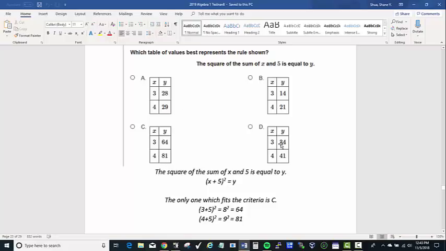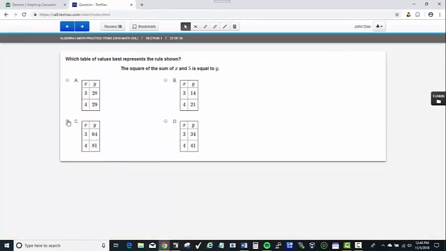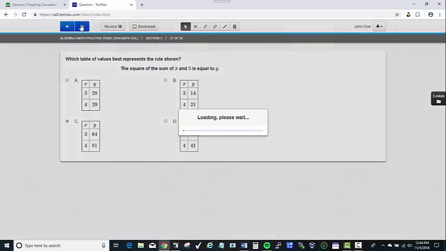None of these others fit that criteria. The answer is choice C. All right, we move on. The key is taking these English words, translating them into a mathematical equation, and that makes it easy to solve.